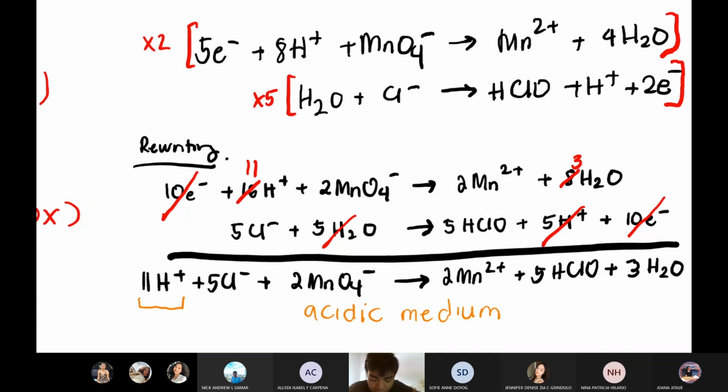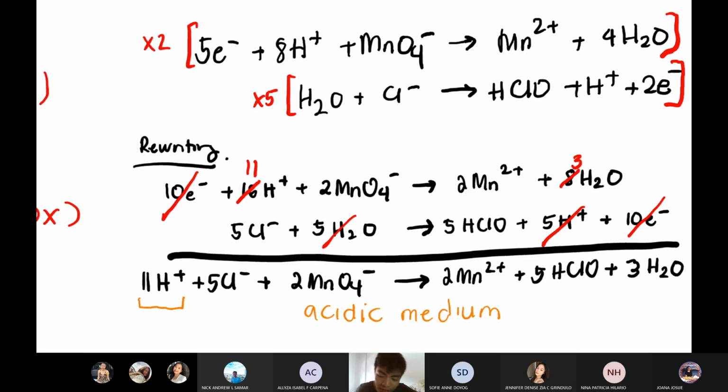Okay? So, this equation is in acidic form. If you want to convert that into basic, ano sabi? You add enough OH equal to H+. Ibig sabihin, kung 11 yung H+ mo, magdadagdag ako ng 11 na OH.